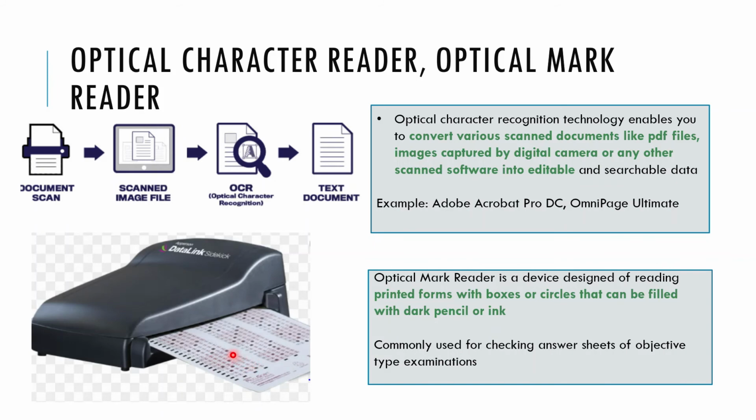Basically, when the light beam is passed through such sheets, it identifies the circles which are filled. This way, optical mark reader recognizes the circles which are filled from the ones which are not filled. And this technology is known as optical mark recognition.